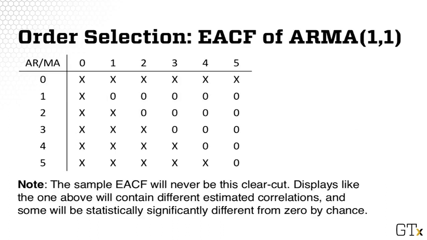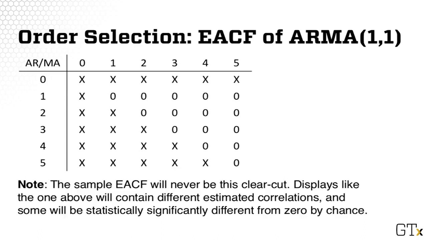This is the EACF for an ARMA 1-1 model. Again, X corresponds to statistical significance and 0 corresponds to lack of statistical significance, or that the ACF is plausibly 0.